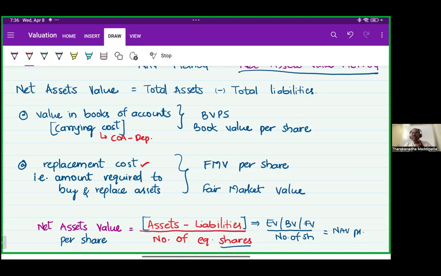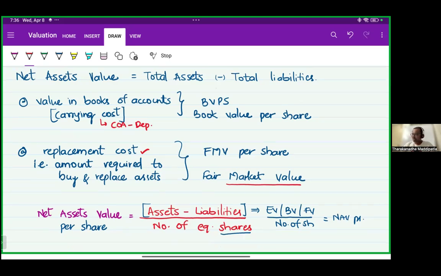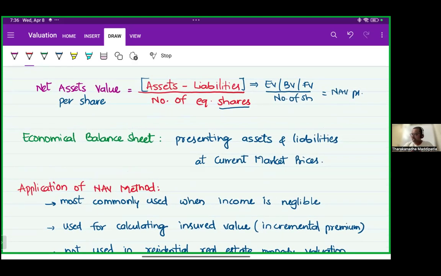But let us say you have to spend 75,000 to buy that machinery as of today. So that 75,000 is called as replacement cost. It is also called as market value. So presenting your assets and liabilities at current market price is called as economical balance sheet.